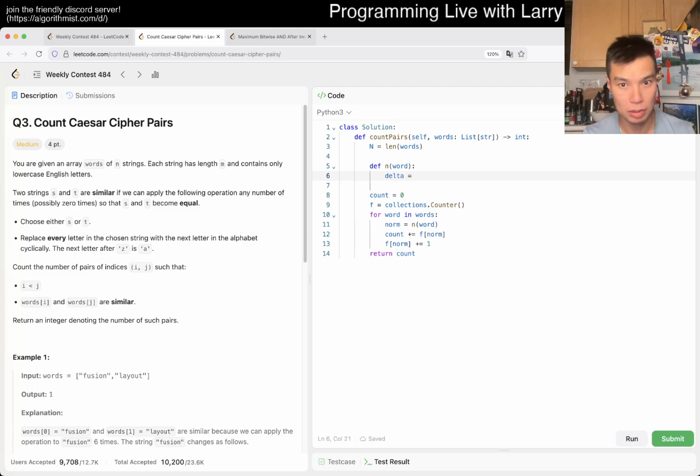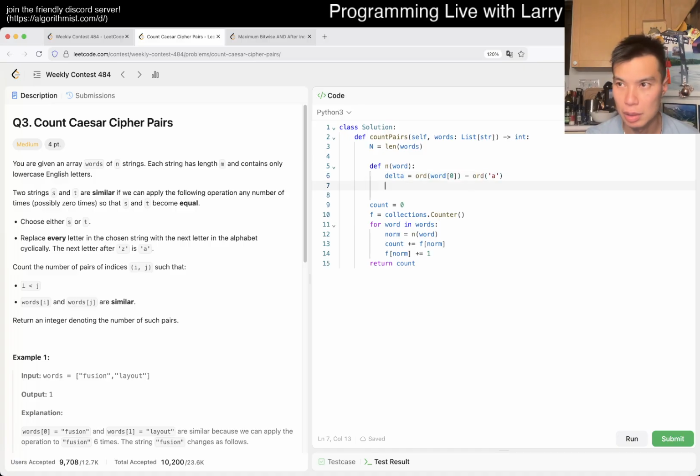Delta is equal to say root surface. Okay, so then now we subtract it from each character, right?